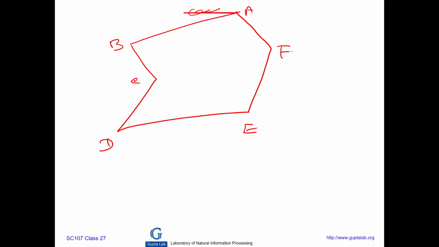We can prove the same thing for a closed polygon. How? You decompose it into triangles, right? So this is this direction, this direction, this direction, and so on. Basically the idea is that the whole polygon can be decomposed into smaller triangles.